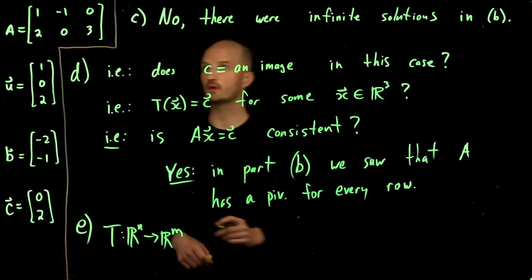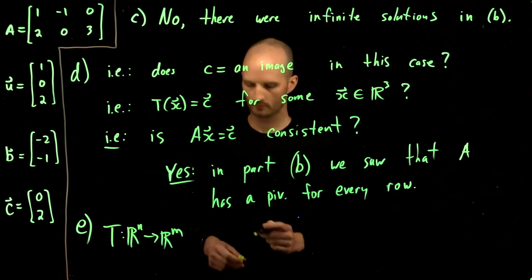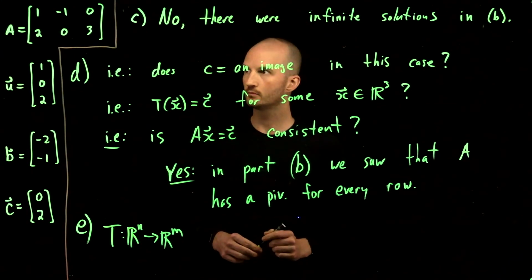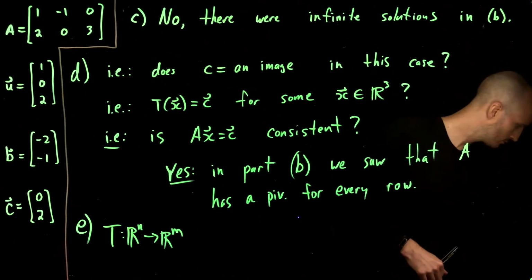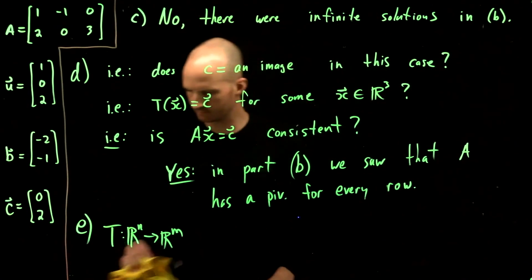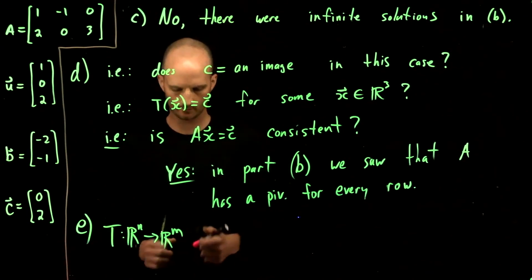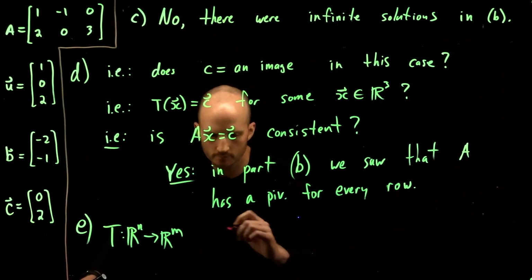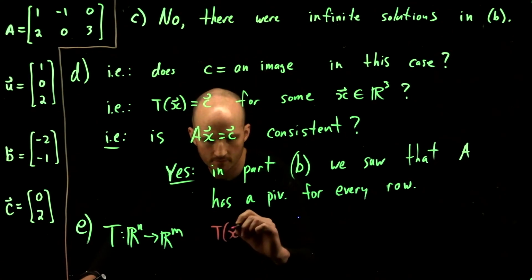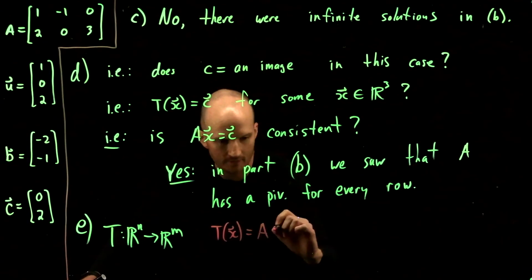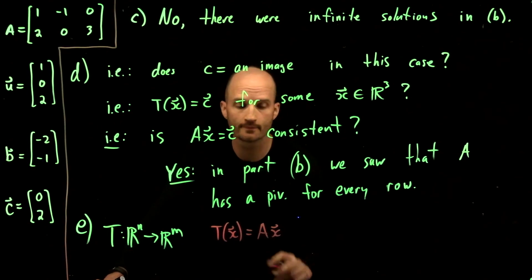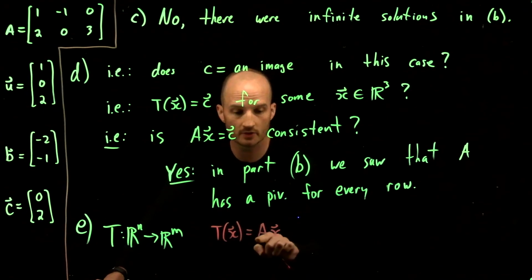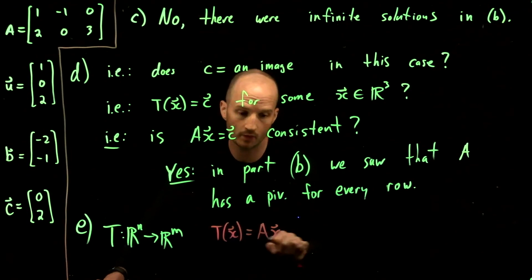Now, how can you sort this out? Well, maybe I'll break down the logic here. I would say, well, T of x is equal to AX. So we have a matrix times a vector, a matrix vector product. How can that make sense?